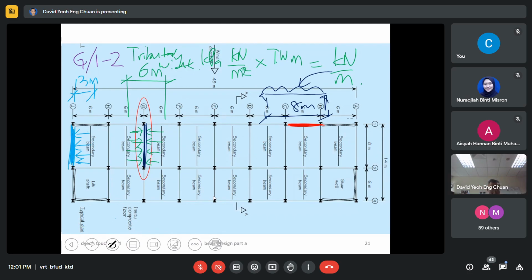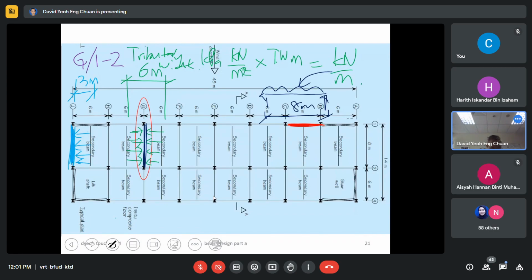Let's ask Harith Iskandar. Yes, correct. Carries what load? Slab. Does it carry slab? This is a secondary beam. It carries the secondary beam. Yes.